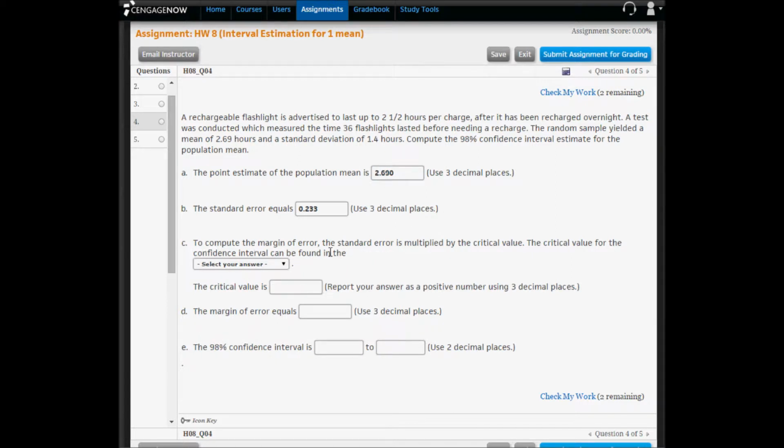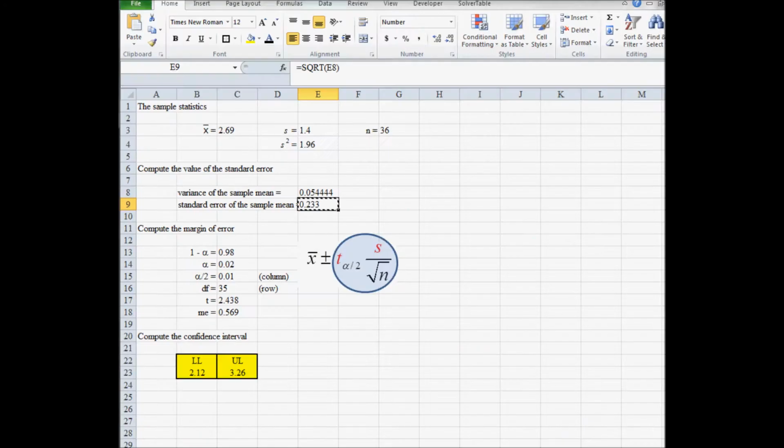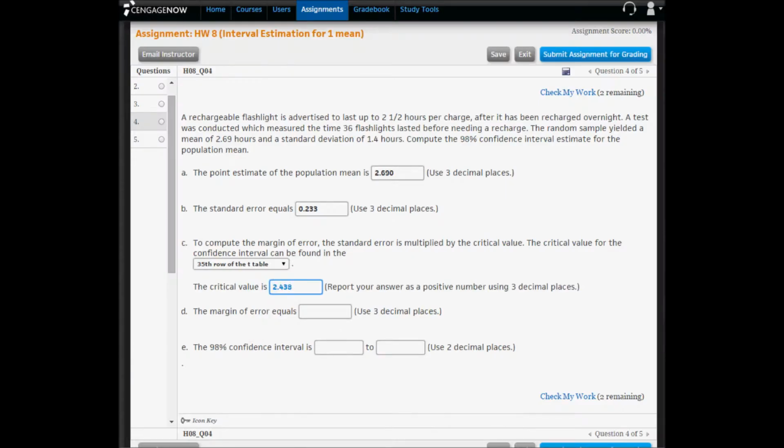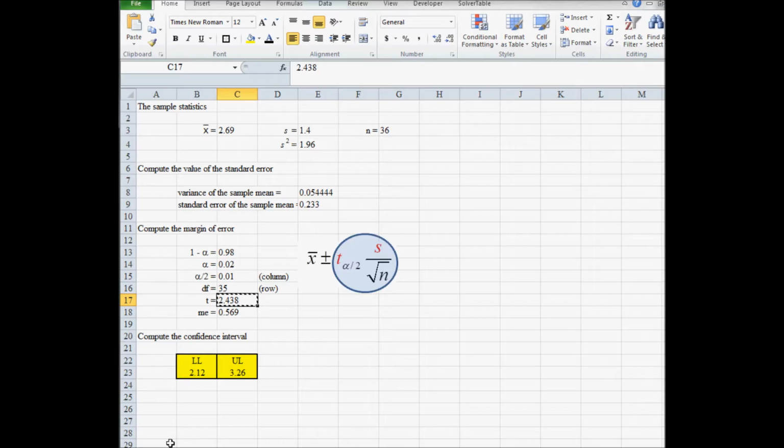To compute the margin of error, the standard error is multiplied by the critical value. The critical value for the confidence interval, we found it in row 35 of the t-table, and the critical value was 2.438. Next, we have to enter the margin of error that we computed in Excel, and it was 0.569.